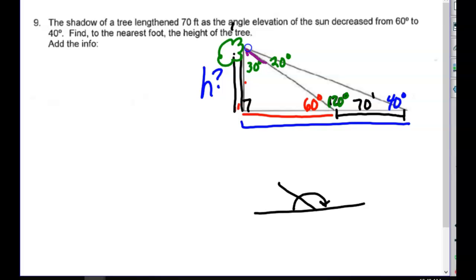I think we can find this. Okay. So we're going to find this first, and then we'll be able to find the height. All right, so how can we set up law of sines to find that x using this triangle over here? Let me redraw real fast so it's clear on the video.